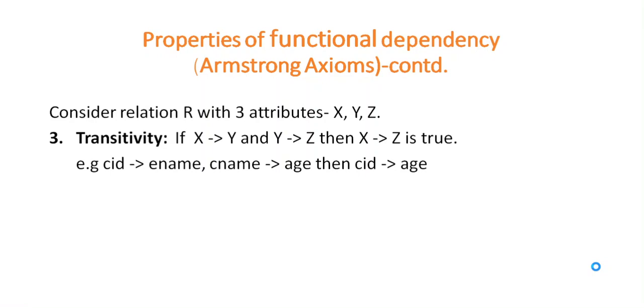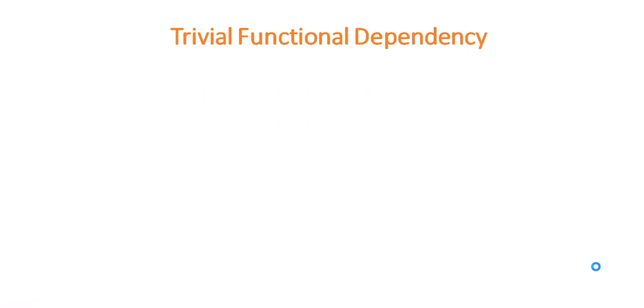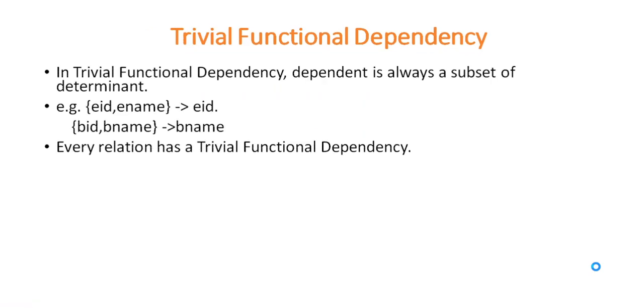Now let's see the types of functional dependency in detail. The first type is trivial functional dependency, and this trivial functional dependency depends on the property of reflexivity. That is, the dependent is a subset of the determinant.